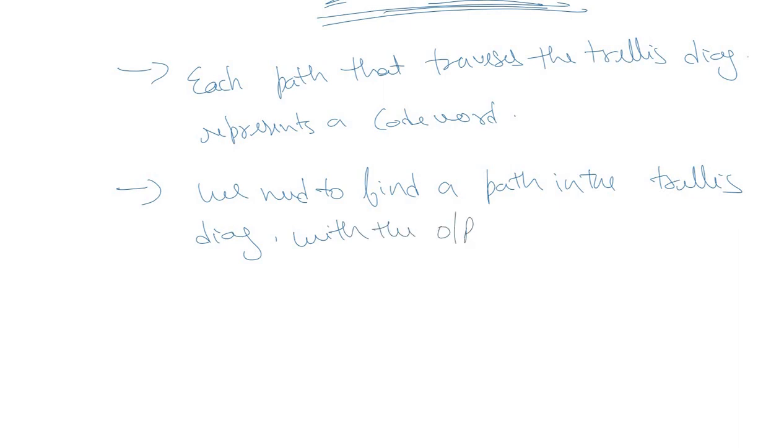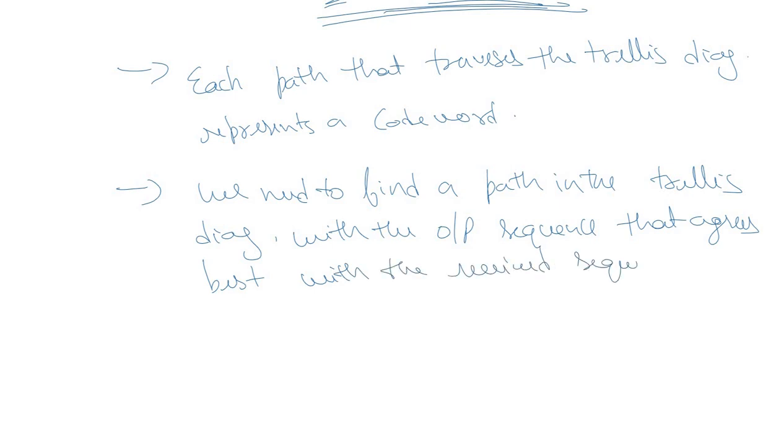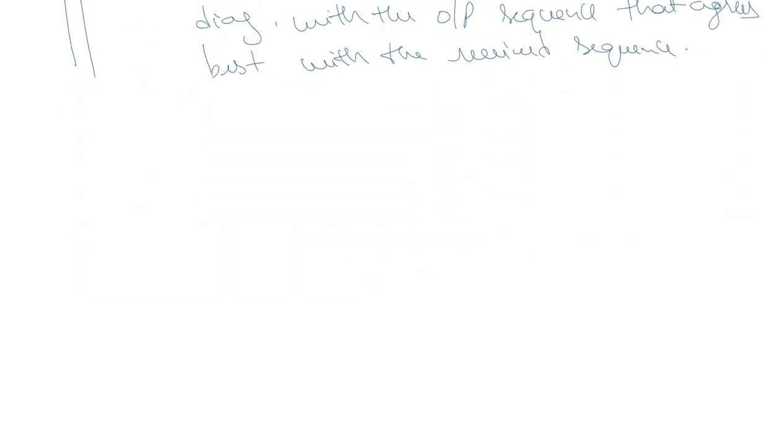So this is the main principle behind the working of this Viterbi algorithm. In this trellis, we'll find the best possible path, and the output of that path will reflect the detected symbol. Let us now study a decoding example of the Viterbi algorithm.